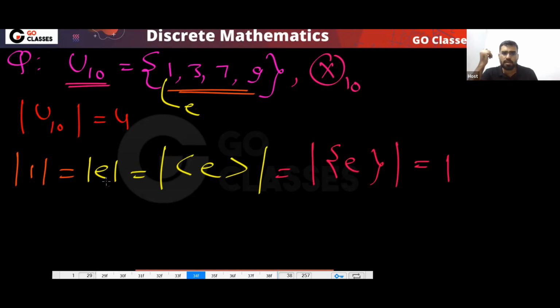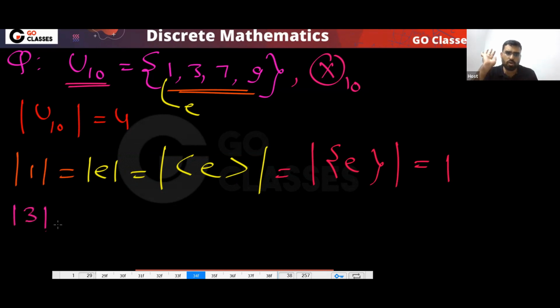How many elements can the identity element generate? Only one, itself.